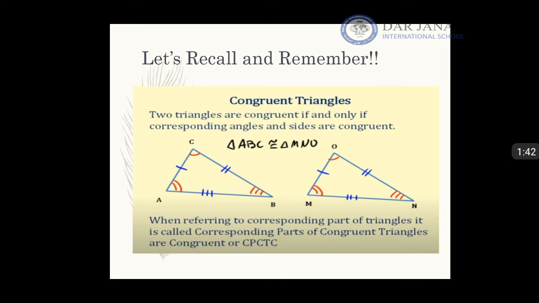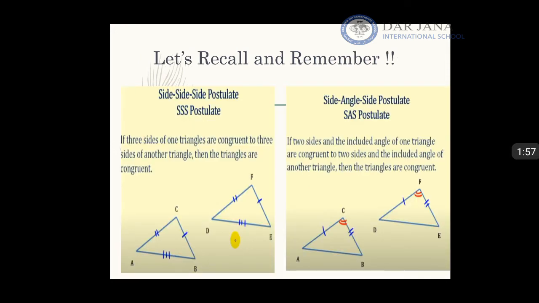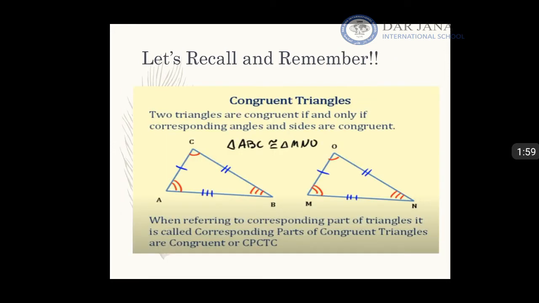And please remember the ordering in which we list these vertices is important. So whenever we prove two triangles are congruent, it means that the three angles of one triangle are congruent to the three angles of the second triangle, and the three sides of one triangle are congruent to the three sides of the second triangle. This is something we covered in lesson 4.2.